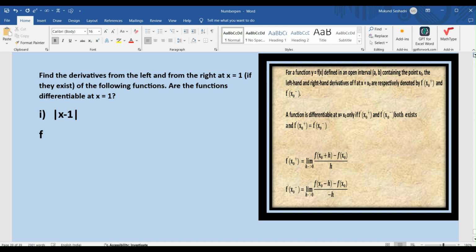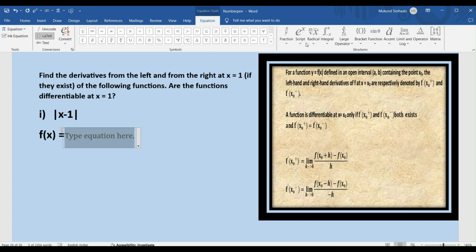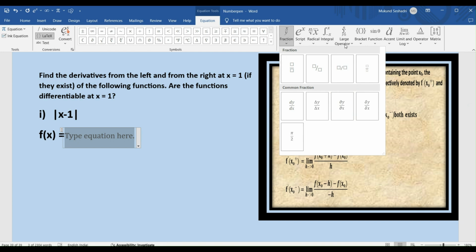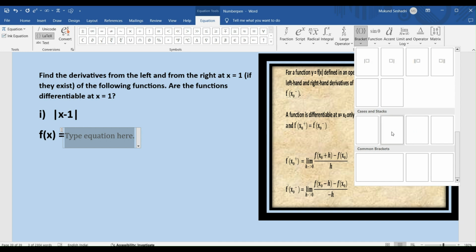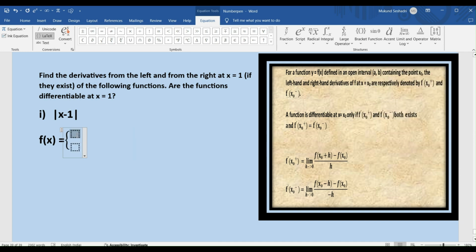So f of x equals mod of x minus 1, which can be written like this, right? And my mod of x minus 1 is nothing but x minus 1 for all x greater than or equal to 1, and it is minus of x minus 1 for all x lesser than 1, right?